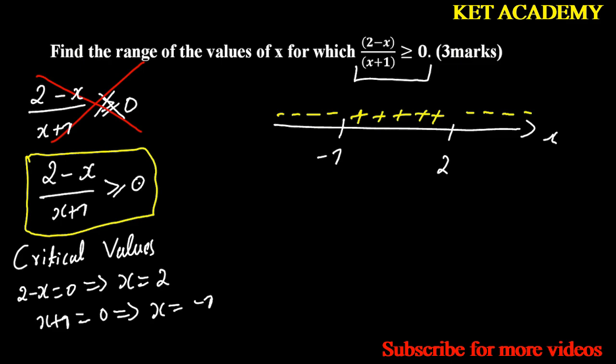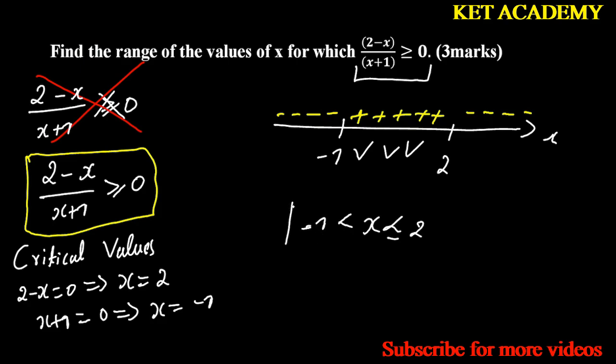When we talk of greater than 0, we mean that the value should be positive, and for positive we're in this region. Therefore, the solution, or the range of values for which this inequality is greater than or equal to 0, is x less than or equal to 2 and greater than -1.